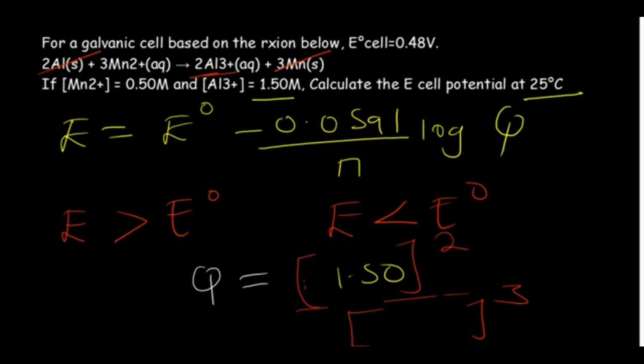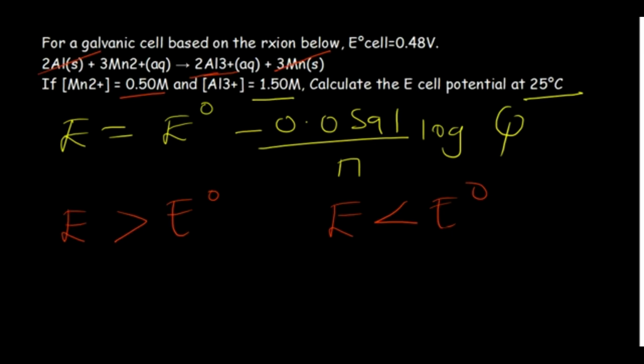So from there you should be able to find your Q: 1.5 raised to power 2 divided by 0.5 raised to the third power. What I'm getting is that my Q is 18.